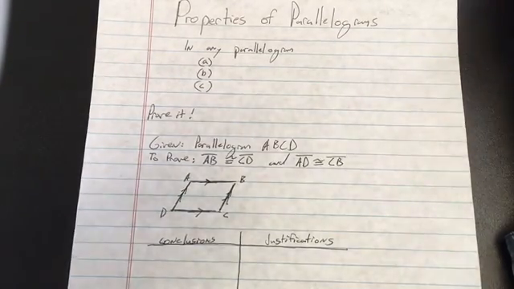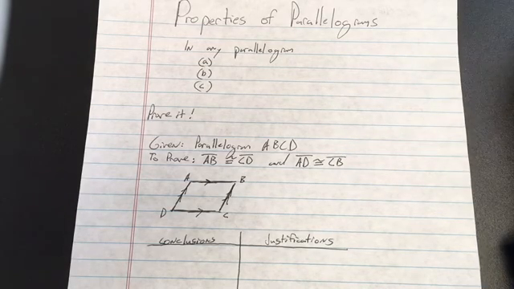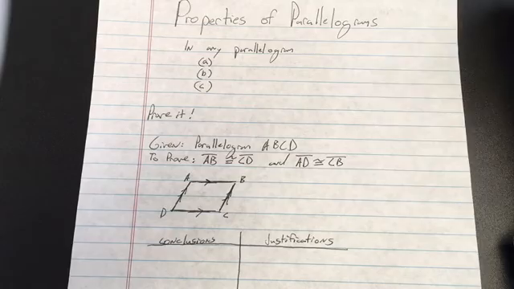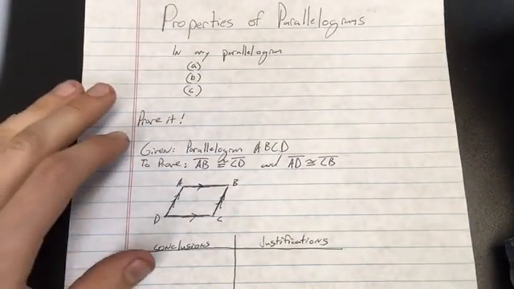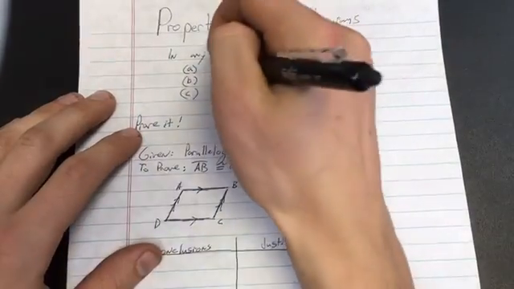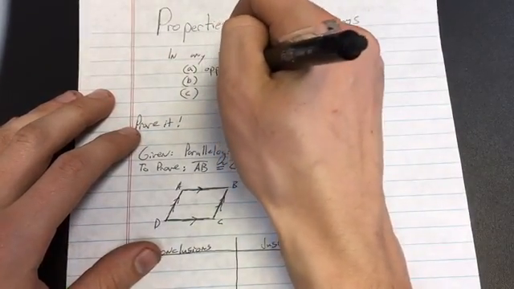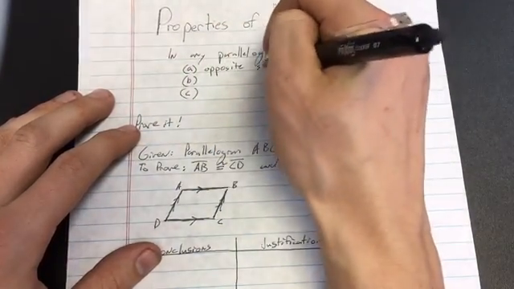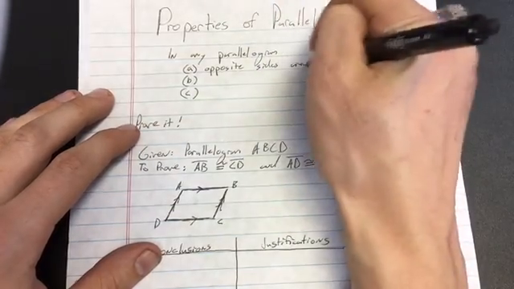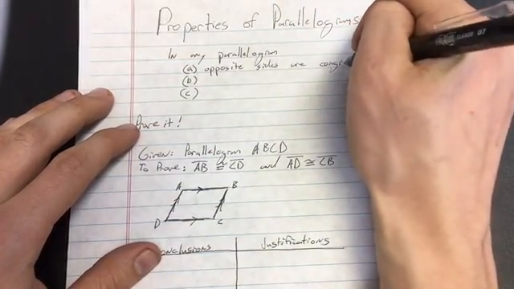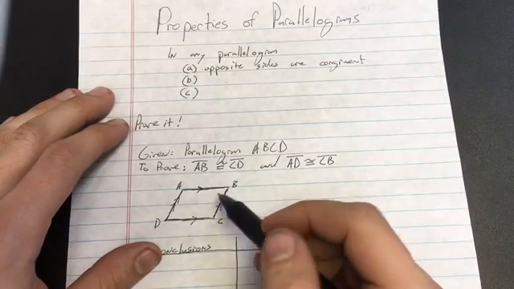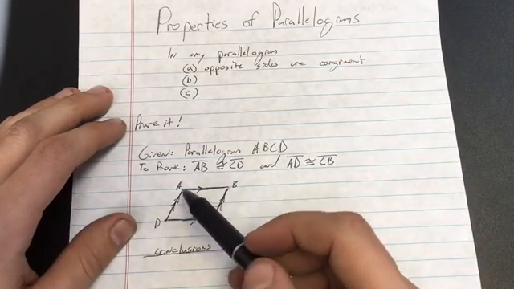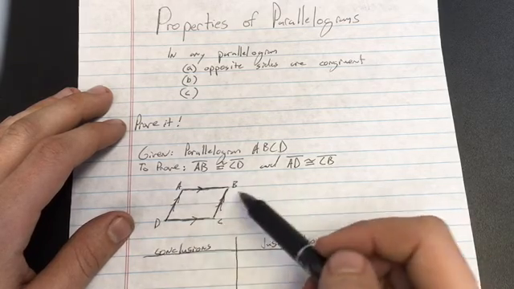Properties of parallelograms. This is the properties of parallelogram theorem. There's 3 points. I've outlined them here. A, in any parallelogram, opposite sides are congruent. So in this parallelogram here that we'll use in a minute, we have to say that opposite sides are congruent.